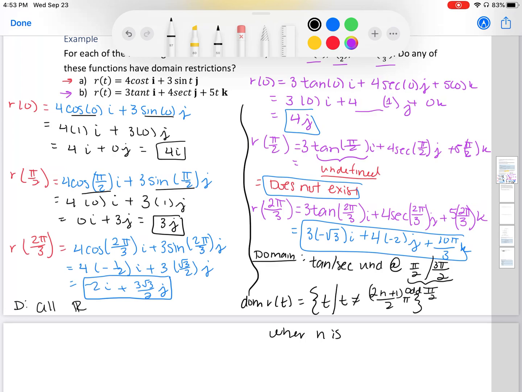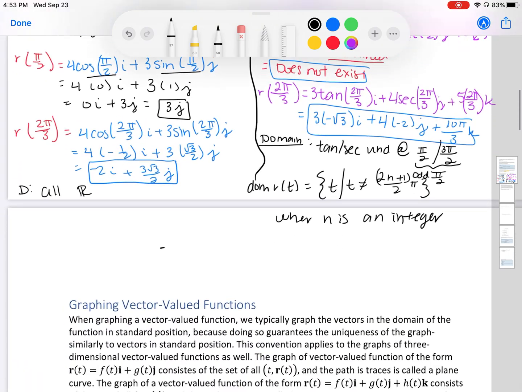Where n is an integer. Remember, integer is just a whole number. So if you plug in an n and it's a fraction, they'll make it so that those secant and tangent values aren't defined. So we have properly defined our domain.